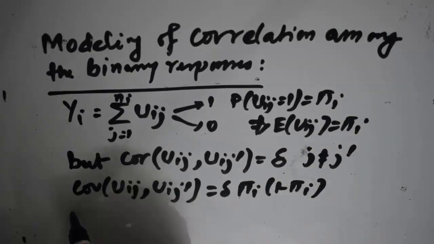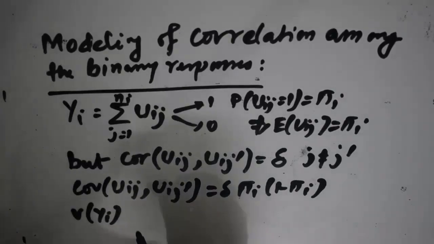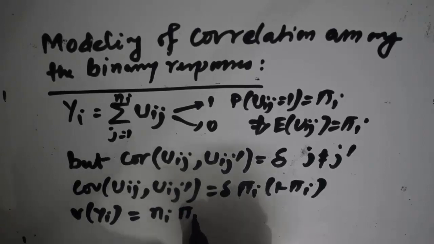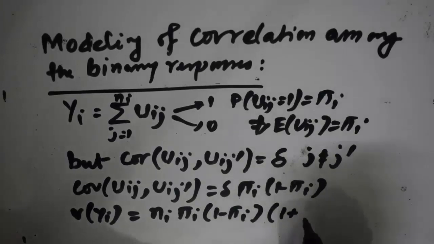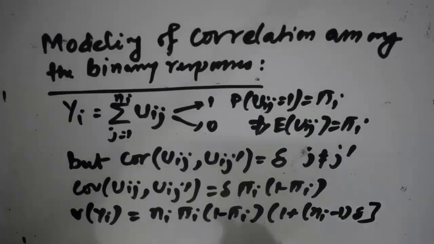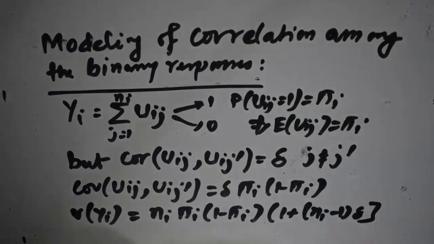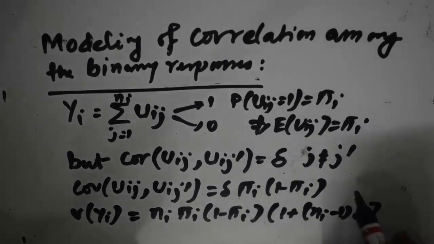Therefore, the variance of yi is equal to ni pi i (1 minus pi i) (1 plus (ni minus 1) delta). Use the formula of the summation over j from 1 to ni of variance of uij plus the sum over j not equal to j dash of covariance of uij, uij dash. Then you get this thing. Please check.